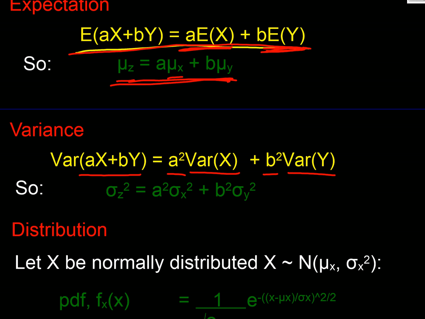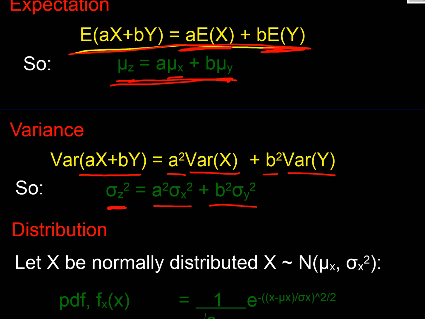Rewriting that in the sigma format that we use for a normal distribution, the variance of the normally distributed variable z will equal a squared times the variance of the variable x plus b squared times the variance of the variable y.